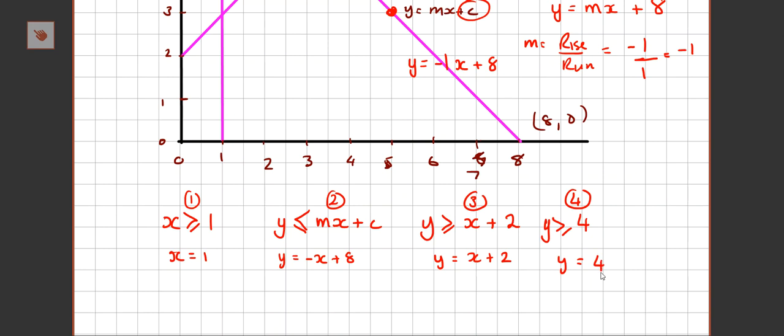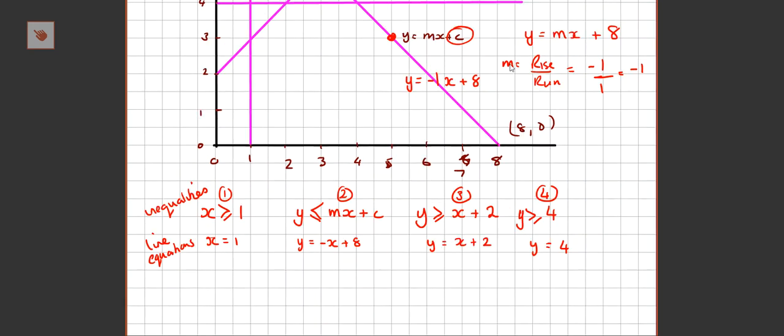So they are the lines. These are the inequalities. These are the line equations. So we have to identify which one's which.